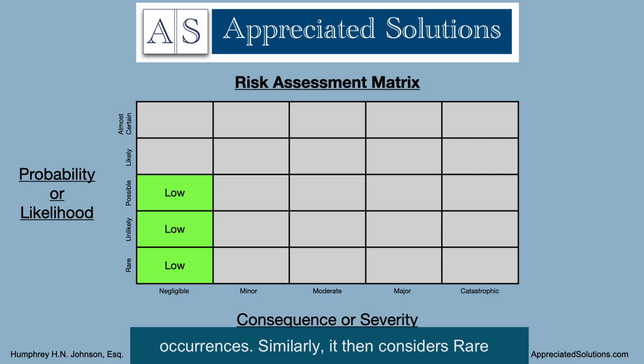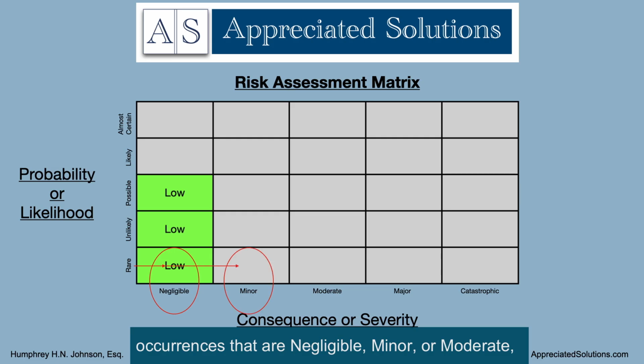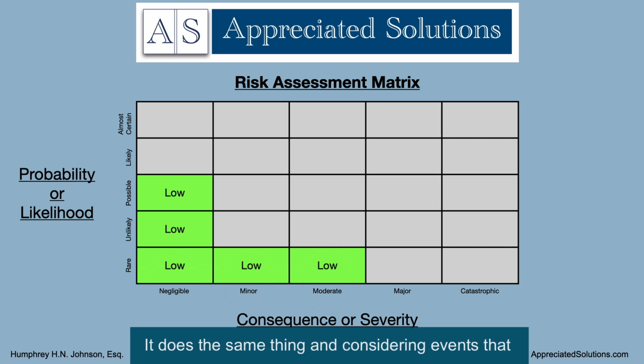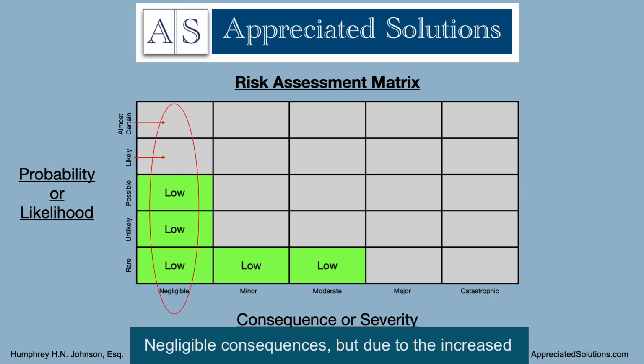Similarly, it then considers rare occurrences that are negligible, minor, or moderate, and it also designates these as low-risk events. It does the same thing in considering events that are likely or almost certain to occur, but also have negligible consequences. But due to the increased probability, it designates these as moderate risks.